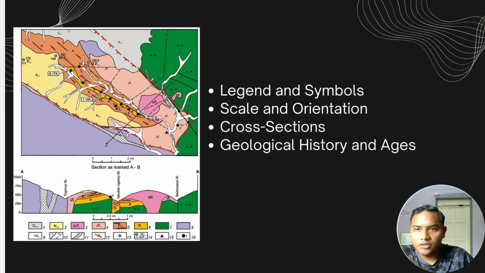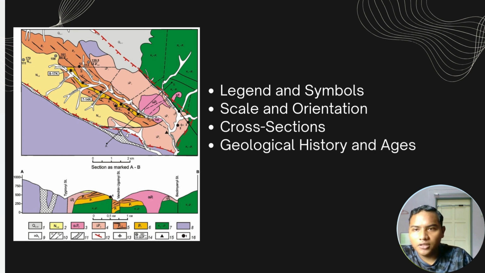The next point is cross-section. Some structural geological maps, for example the map included in this slide, have a cross-section or profile view that provides a vertical representation of the geological features beneath the Earth's surface. This cross-section helps geologists visualize subsurface structure.